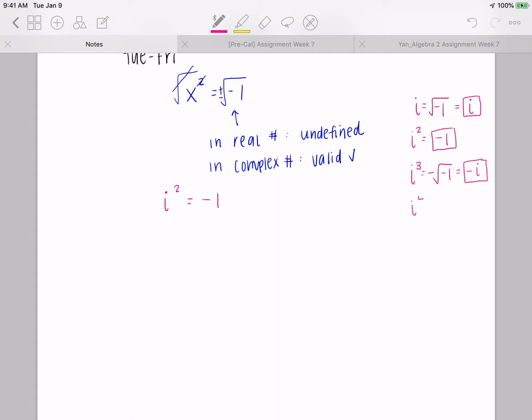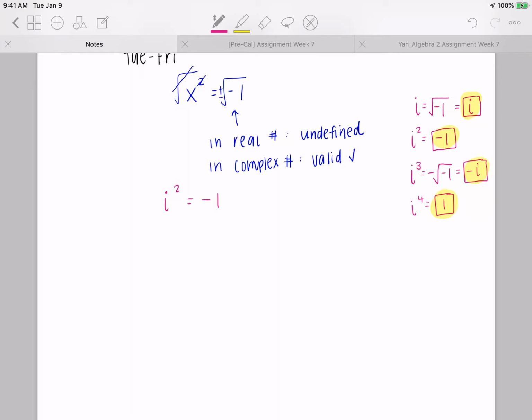And the last one is i to the fourth power, which is really -1 times another -1, which equals +1. Okay, so these are my main answers whenever you have i to a certain power.